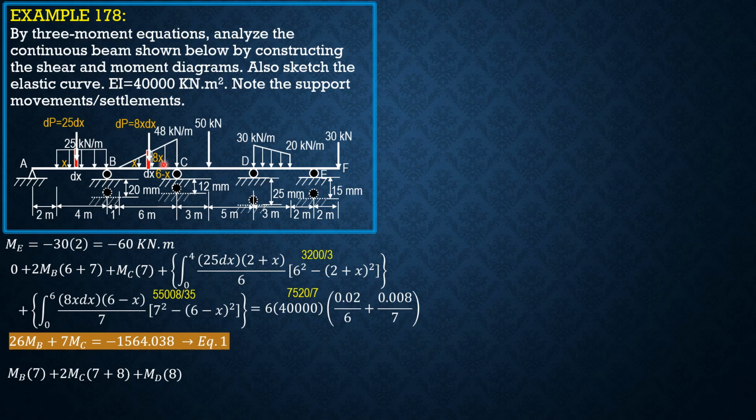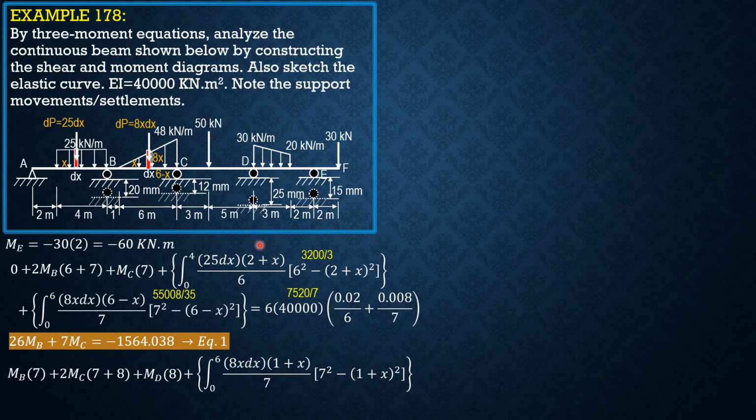Then the value of 6 area 1A over L1 for span BC is integral of 8x dx. A is 1 plus x, so replace this by 1 plus x over 7, quantity 7 square minus 1 plus x square. Integral 0 to 6 of 8x dx, 1 plus x over 7, quantity 7 square minus 1 plus x square.